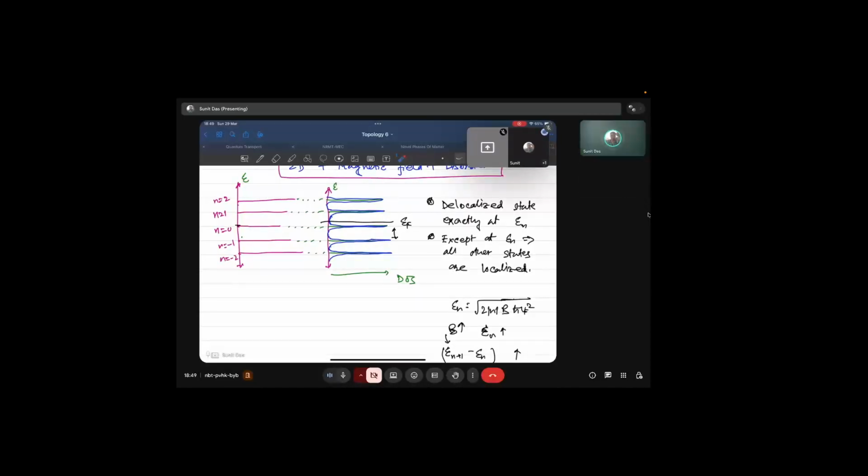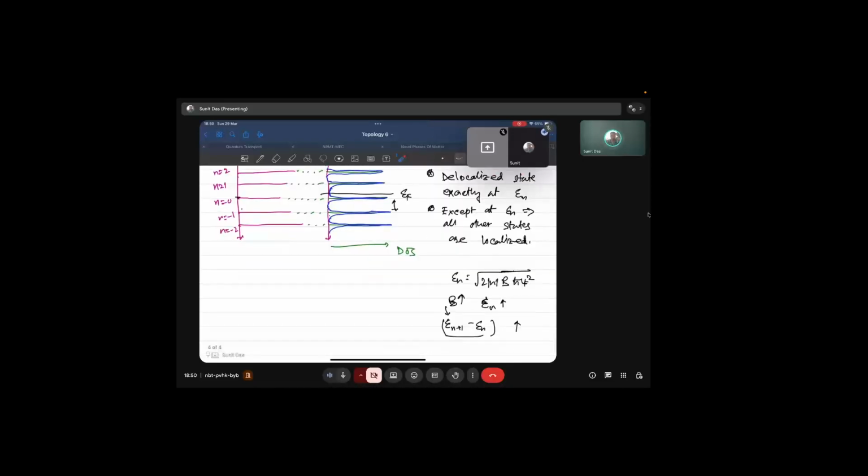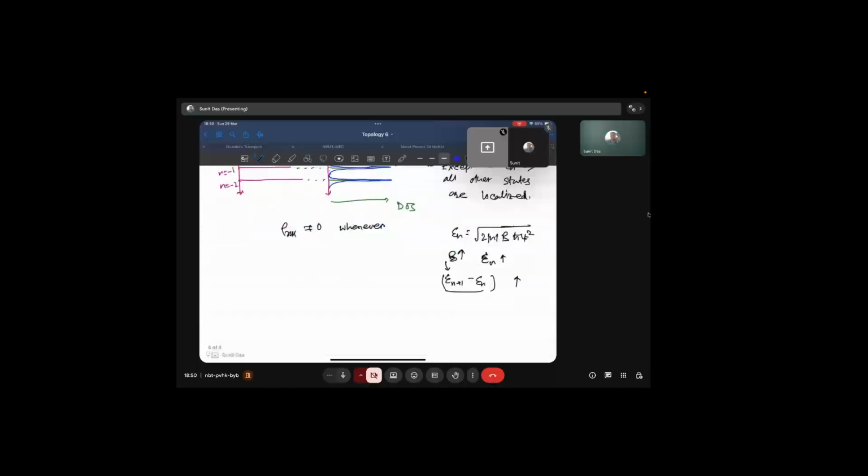So every time a Landau level crosses the Fermi energy, the electrons get a window where they are delocalized and can conduct electricity. So there is a finite rho xx. Rho xx is not equal to 0 whenever Landau levels cross the Fermi energy.